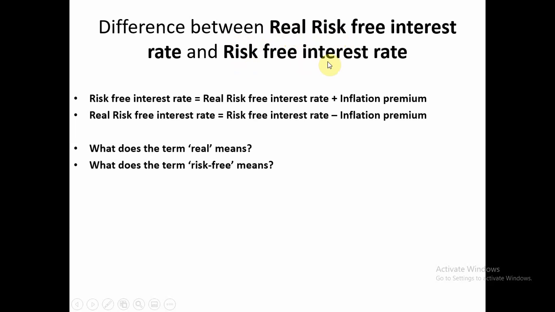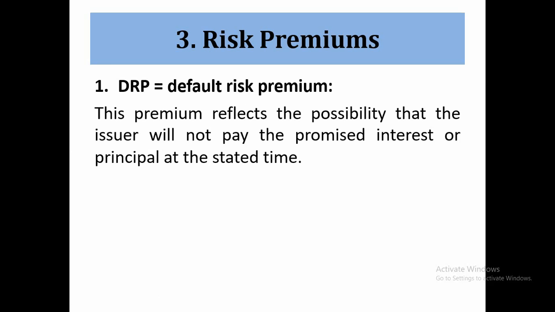And what is the risk-free interest rate? When you include the inflation premium in your security return, your security will be converted into a risk-free security. So what are the other risk premiums associated with your rate of return that you must consider when you invest, when you lend the money?